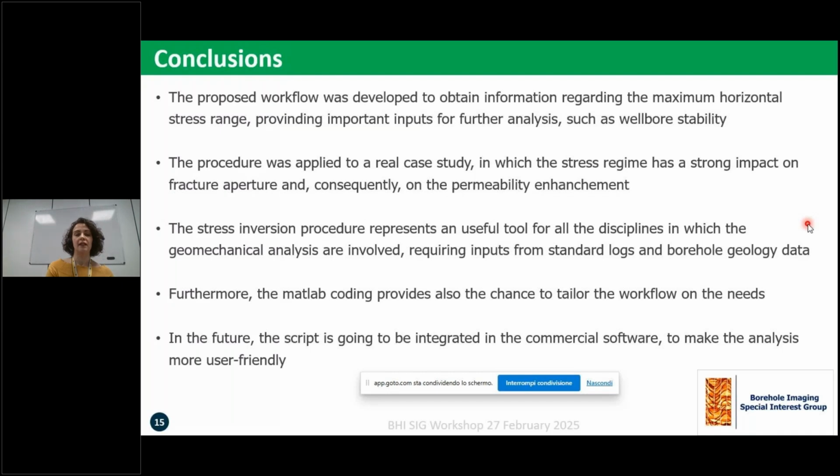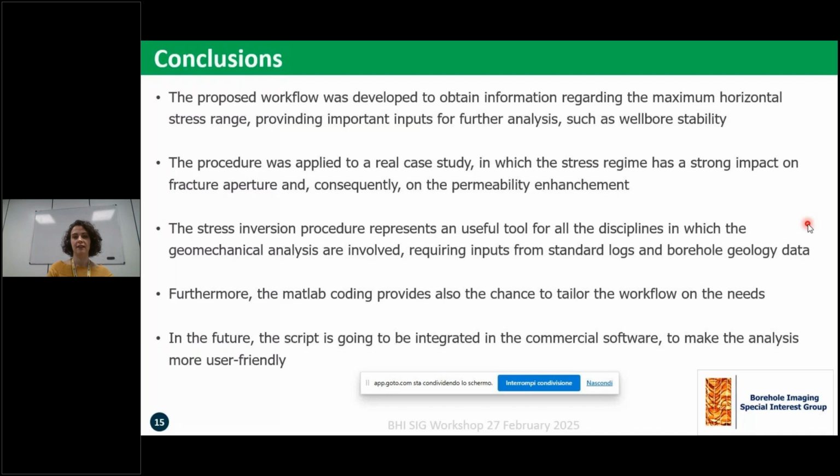So we can conclude that the stress inversion procedure represents a very useful tool for all disciplines in which geomechanical analysis is involved. And it is easy to use since it involves some inputs that you can easily obtain from image log and from drilling parameters.